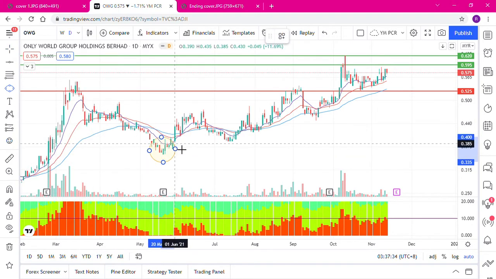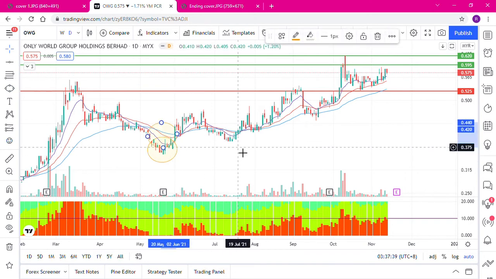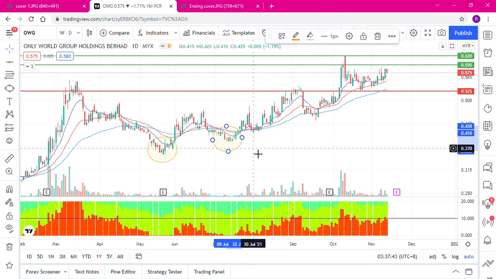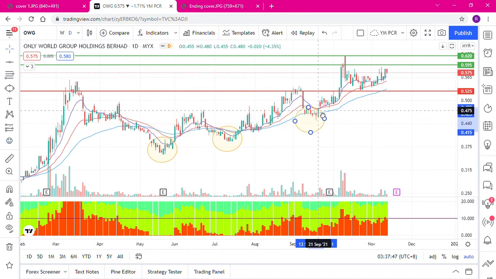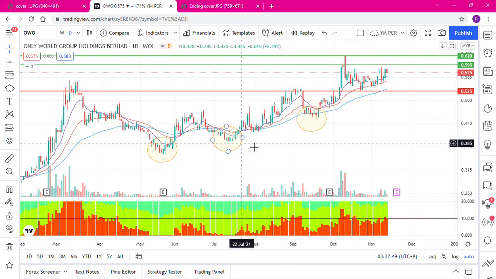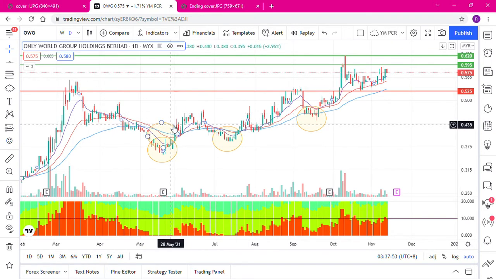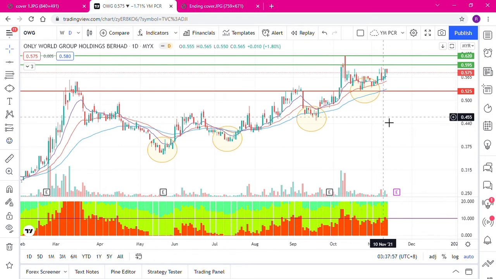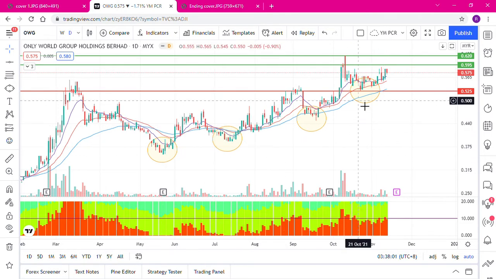Over here, a bottom first, then over here a higher low. Next, another higher low. First higher low, second higher low. Oh, there's one more. This is a third higher low, which means one, two, three higher lows.